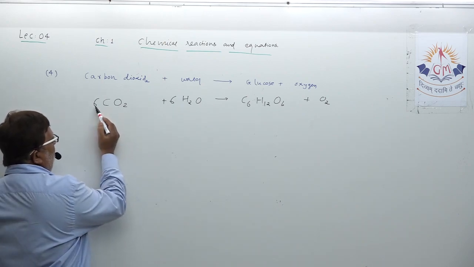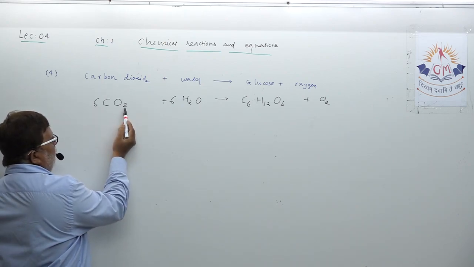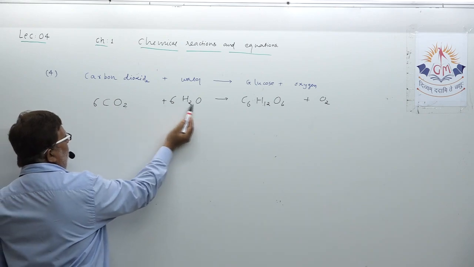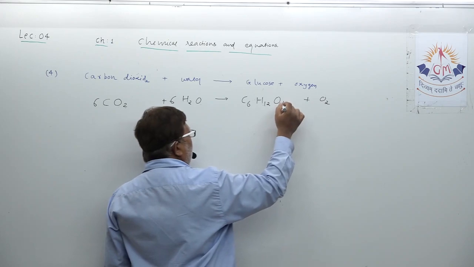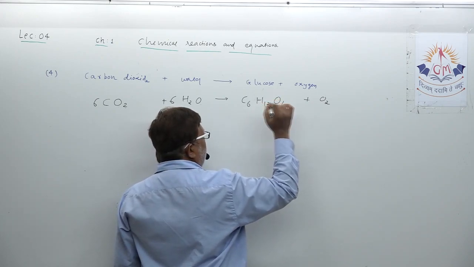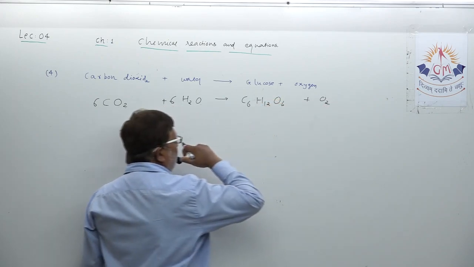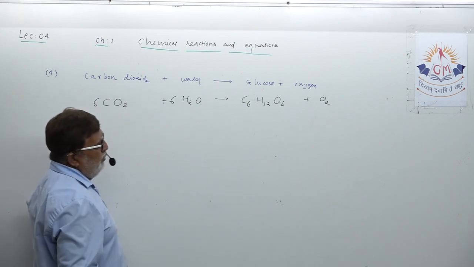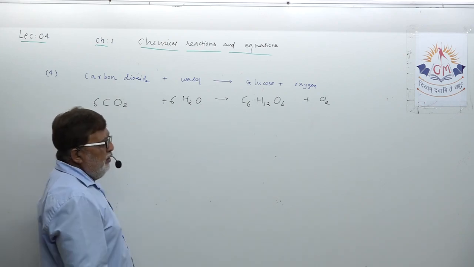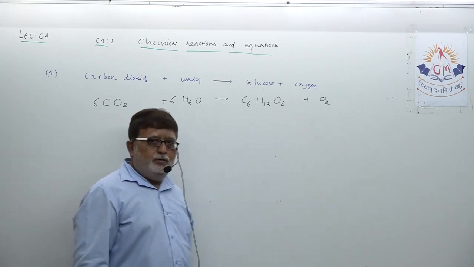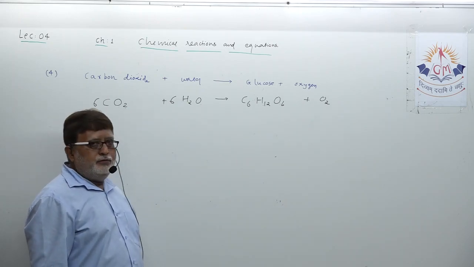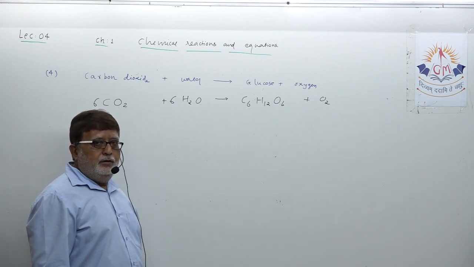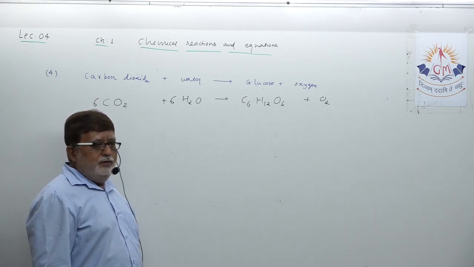Now it is a question of balancing oxygen. How many oxygen atoms here? 6 times 2 is 12 plus 6 times 1 is 6, 18. Here only 6 oxygen, here 2 oxygen. So when you, dear student, try to balance this chemical equation, you need to realize here, 18 oxygen atoms.